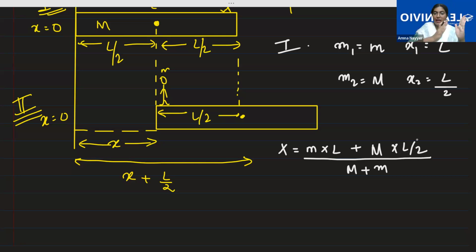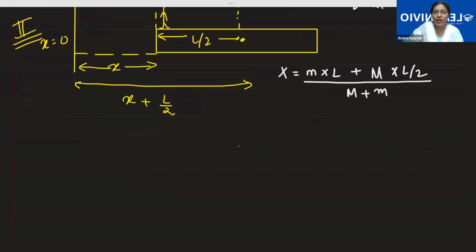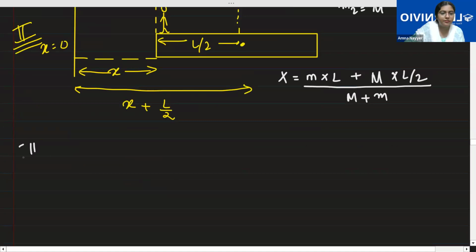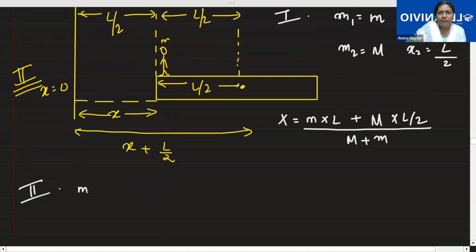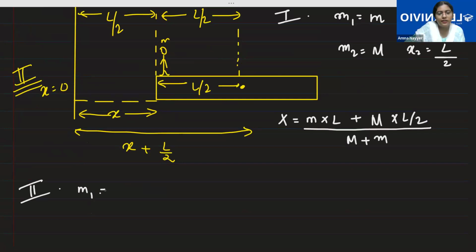Now see, now when the plank has shifted, we have to see few things. What are the changes over here? So first object was the man. So M1 here in the second case will be small m.